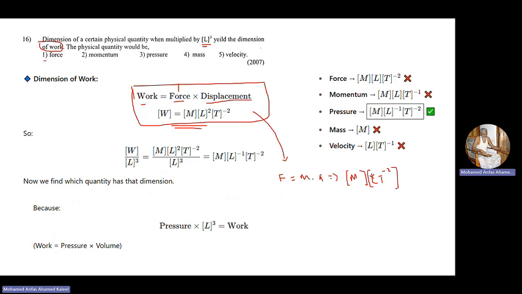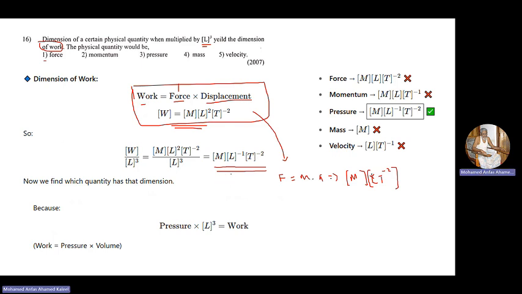Now we will derive the dimension by dividing by L cube. It comes M L minus 1 T minus 2.